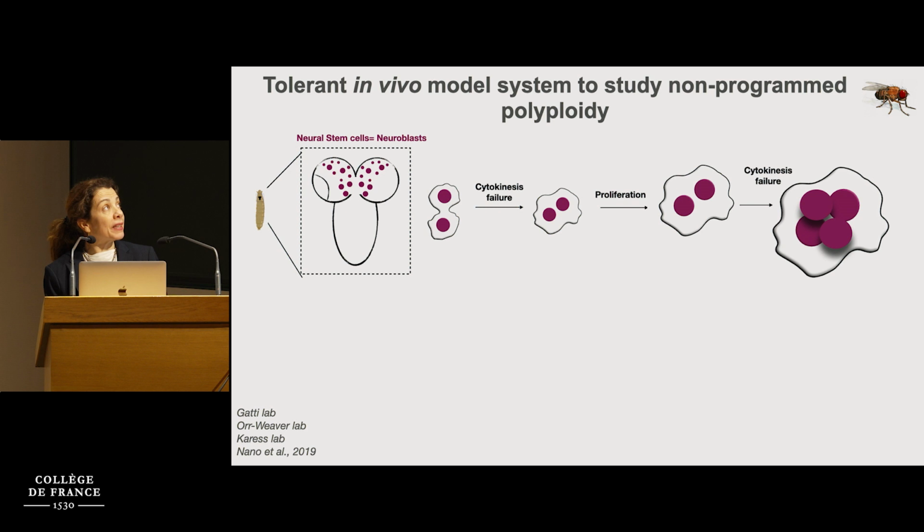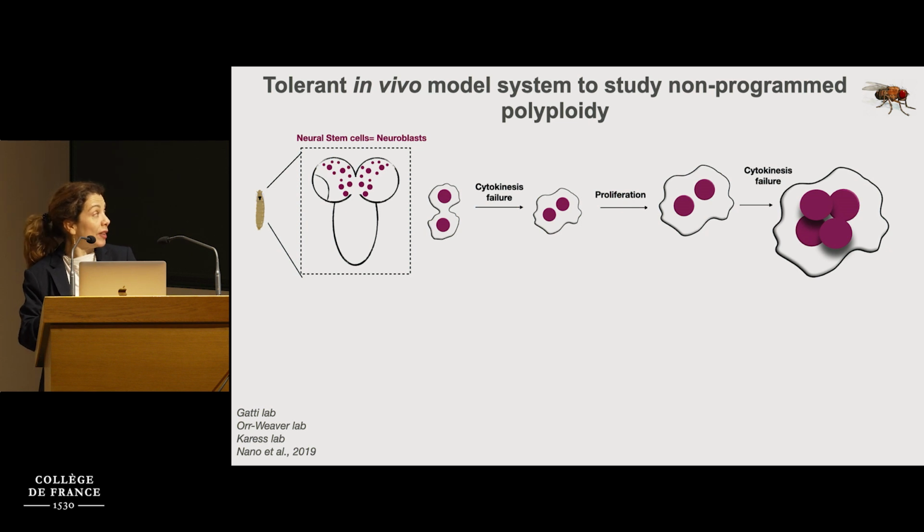They are called neuroblasts, and she realized that cytokinesis failure, which normally should lead to a p53-mediated arrest, in this model system was not causing any cell cycle arrest, and cells just continued to proliferate and repeat cytokinesis failure.